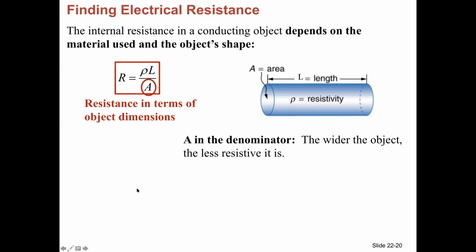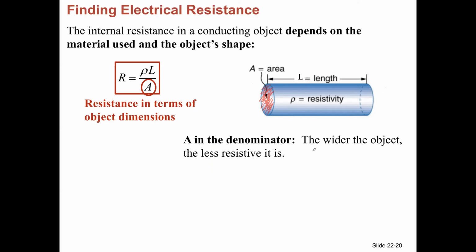So using my pen here, that's the area of like the side of the wire. So for this picture of the wire here, A is this circular area. It's basically a measure of how thick the wire is. That's in the denominator. So the wider the object or the wire, essentially the less resistive it is. The more narrow or thin a wire is, the higher its resistance.